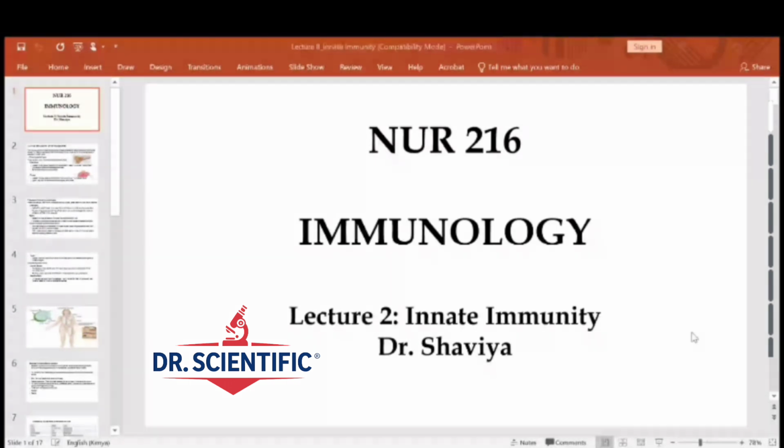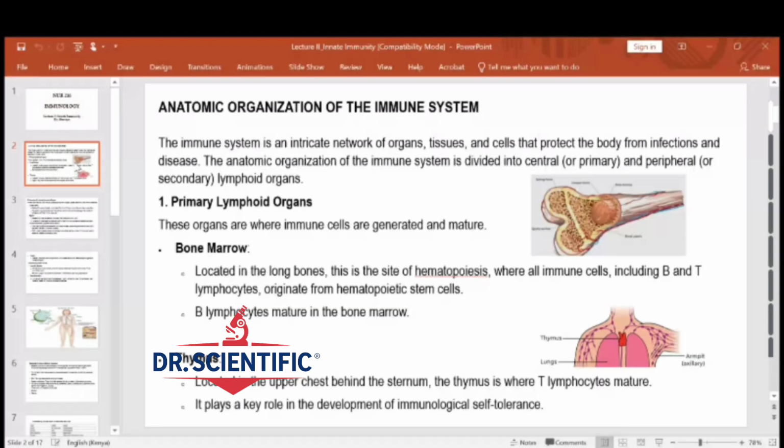So before we go into the details of the innate immunity, it's important for us to understand some of the features anatomically that constitute the innate immunity. And so I'll start by looking at the anatomy, then go deeper into what innate immunity is.